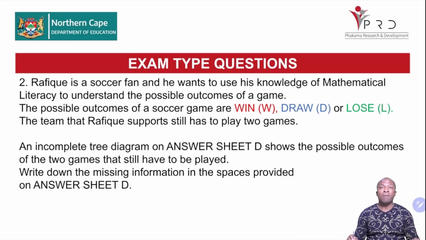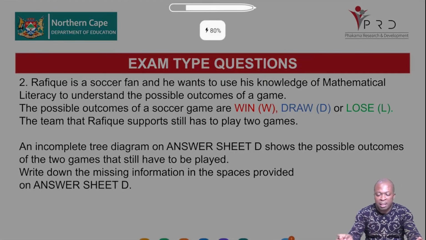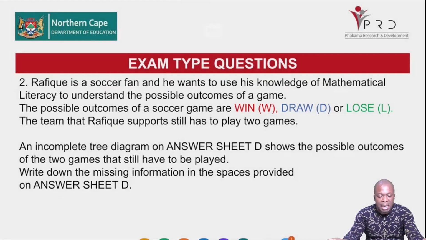Okay, so now let's look at our question 2. Rafik is a soccer fan and he wants to use his knowledge of mathematical literacy to understand the possible outcomes of a game. The possible outcomes of a soccer game are win, draw, or lose. The team that Rafik supports still has to play 2 games.